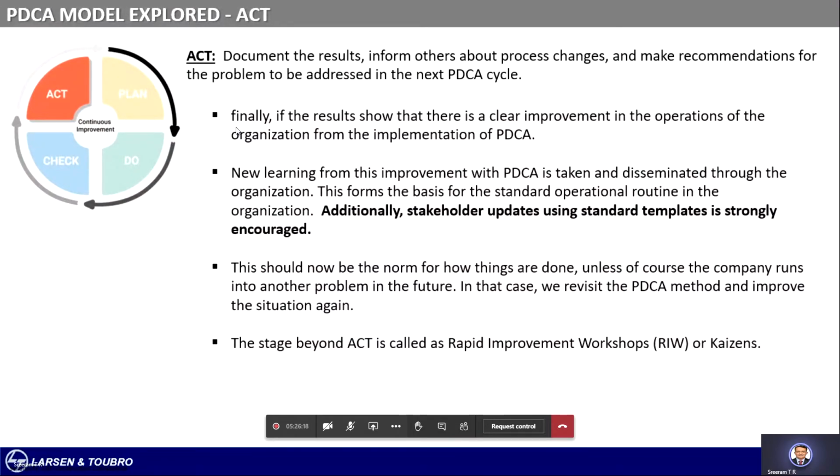Now, towards the end of the ACT phase, there is something called rapid improvement workshops or kaizens. What the teams generally find is that even at the end of the ACT phase, not everything is fully implemented. There is always some room for improvement workshops, or RIW or kaizens, as you call it. And I'm sure you would have been exposed to Kaizen at some point in your career in L&T.